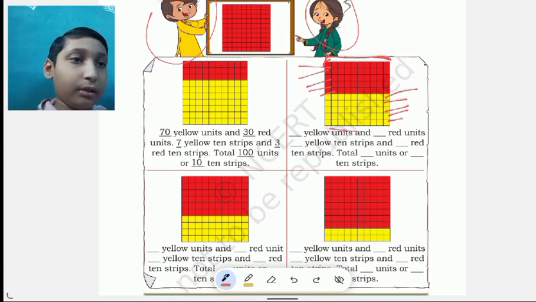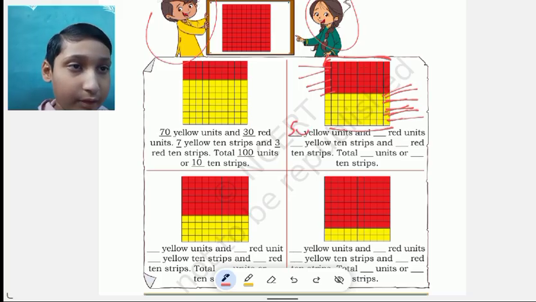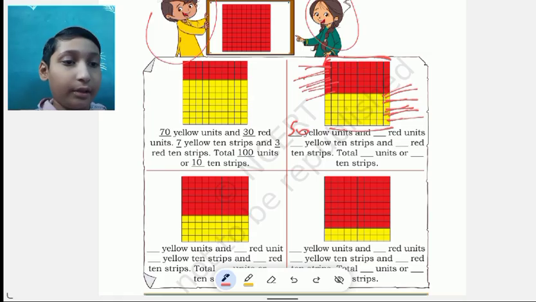So there is yellow, meaning 10, 20, 30, 40, 50. 50 yellow units and then 10, 20, 30, 40, 50 red units. 50 and 50 are equal, so they are the exact same result.